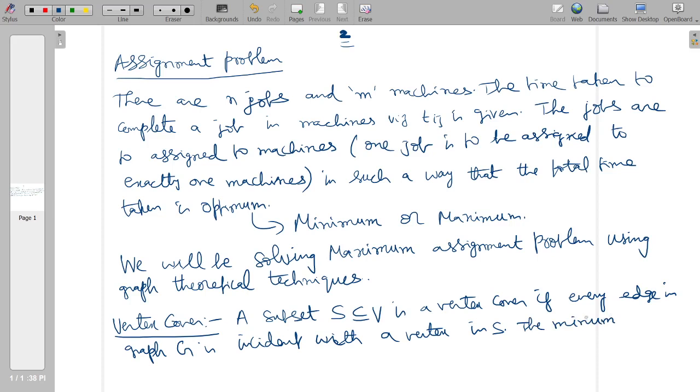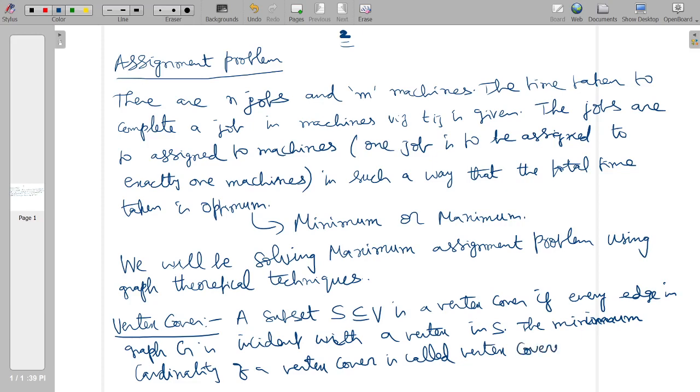Okay, the minimum cardinality of a vertex cover is called the vertex covering number and is denoted by alpha of G. Already you have seen an independent set, what is meant by a maximum independent set.